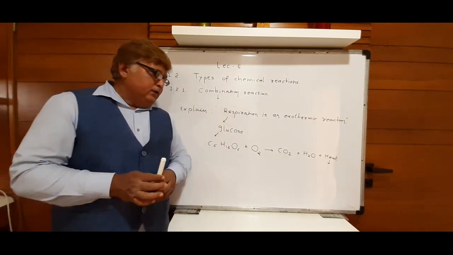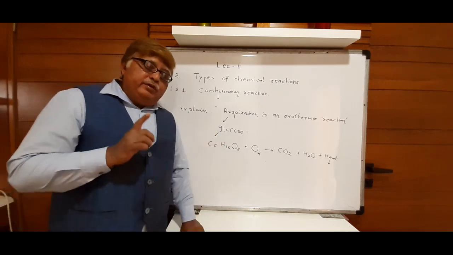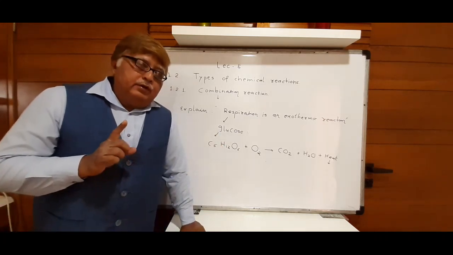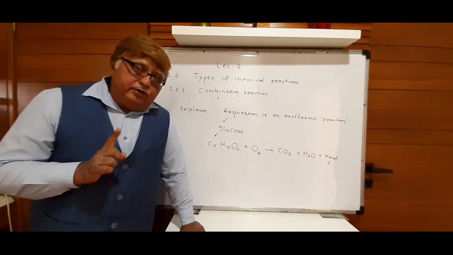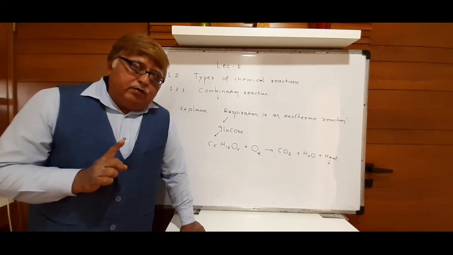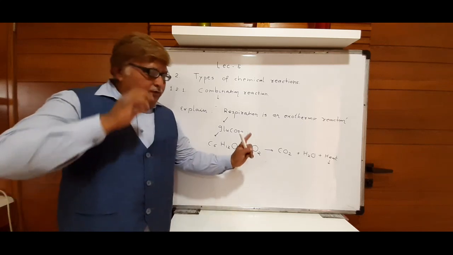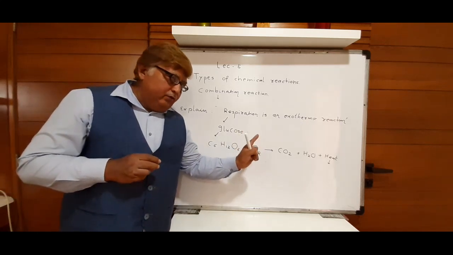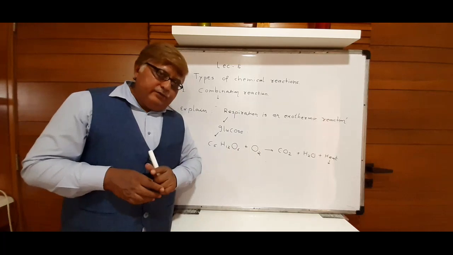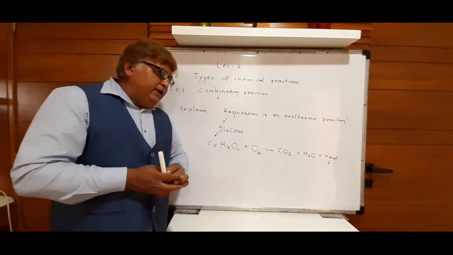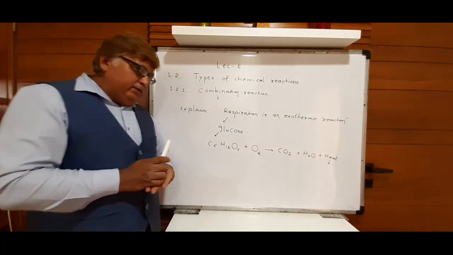Second one: during the respiration reaction, glucose molecules are oxidized in the living cell and produce carbon dioxide, water vapor, and heat energy. Then you will write the same equation and balance it.